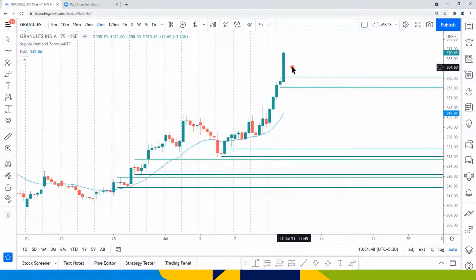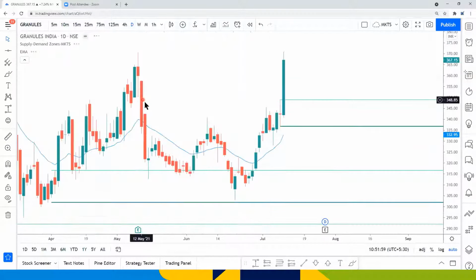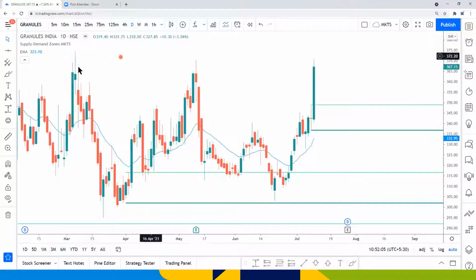Does it look extended? Pretty extended zone. Second, daily chart. Is it stuck at some supply? Some resistance here? So better to avoid that long in Granules. Although you got an alert, avoid it.